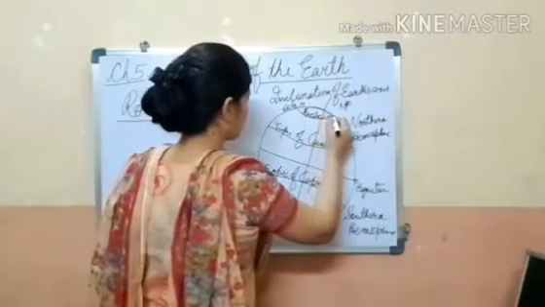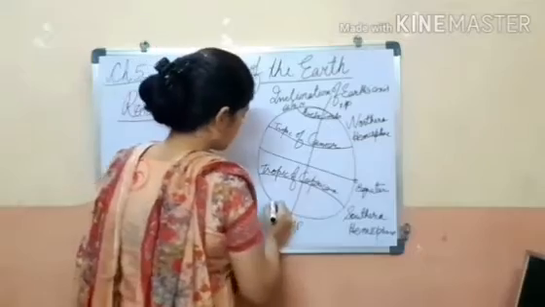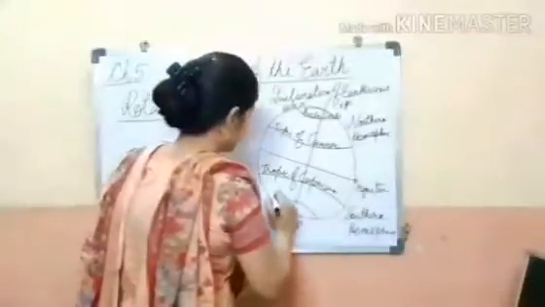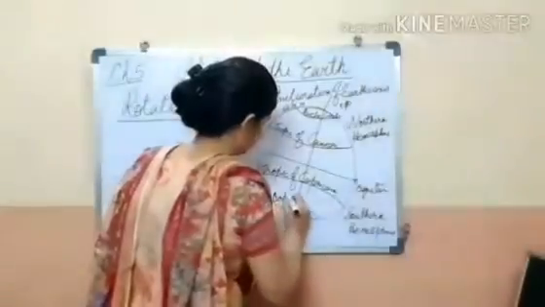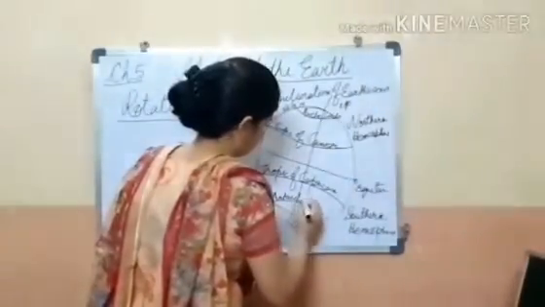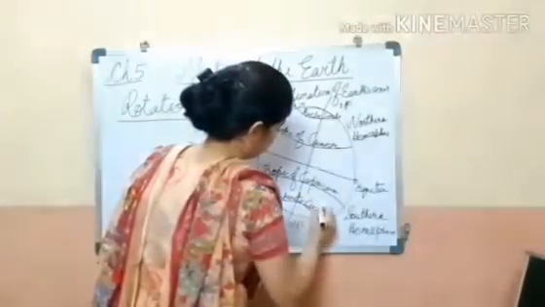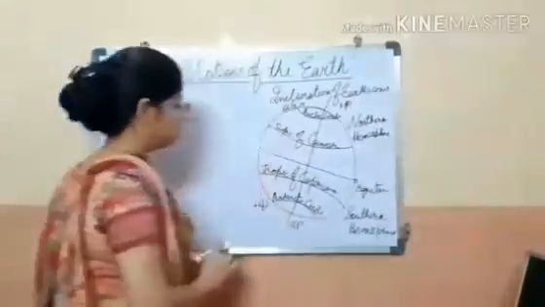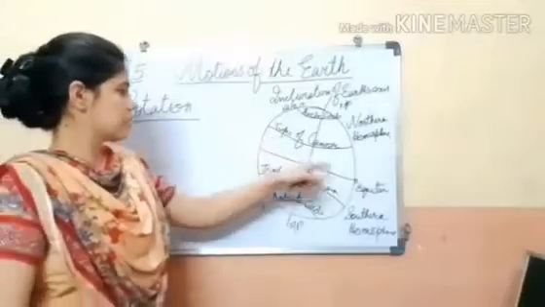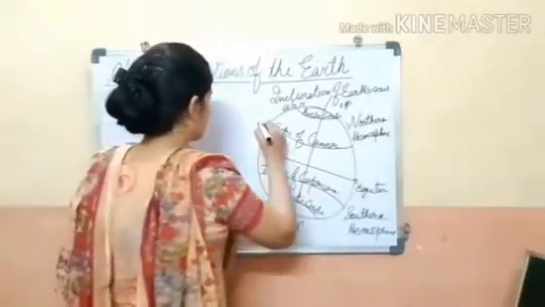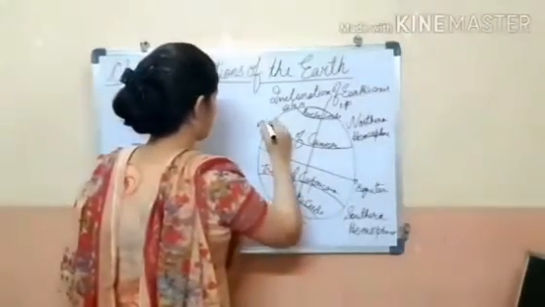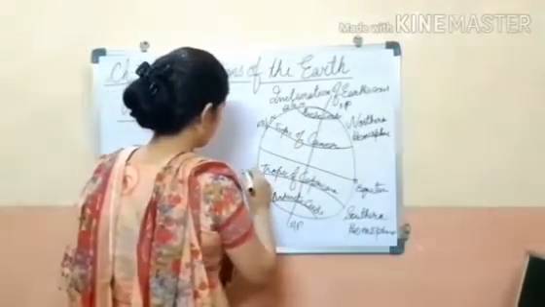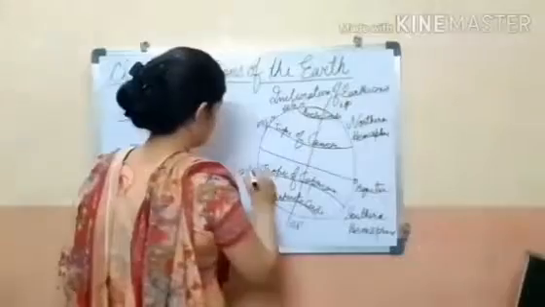And towards the south pole, there is Antarctic Circle. That is also 66.5 degree south. This Tropic of Cancer is at 23.5 degree north, whereas Tropic of Capricorn is at 23.5 degrees south.